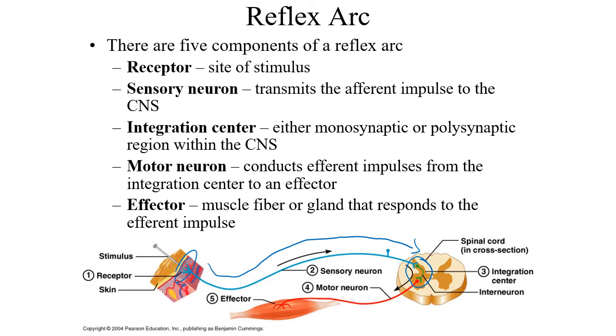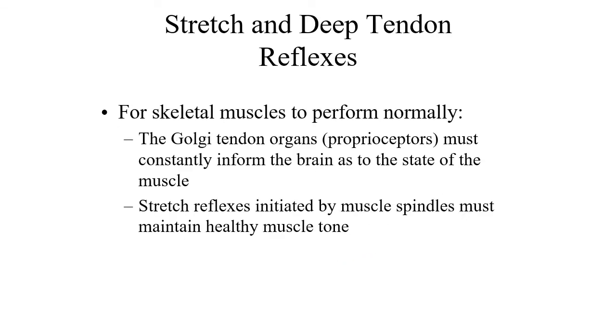That interneuron is essentially going to be a threshold neuron. It's going to allow us to hit a particular amount of pain in this particular case before it fires off the motor neuron to the muscle that's going to move us away from that painful stimulus. And so we're going to have that same basic process occur regardless of the type of reflex that we're talking about.